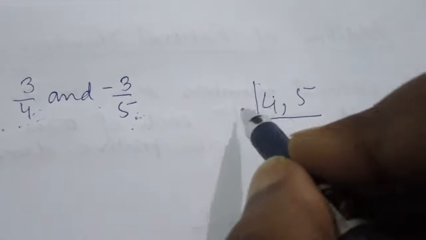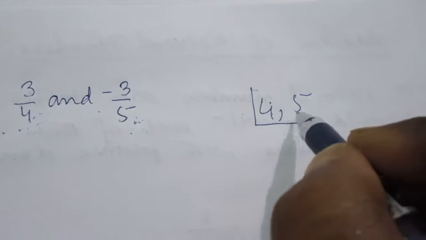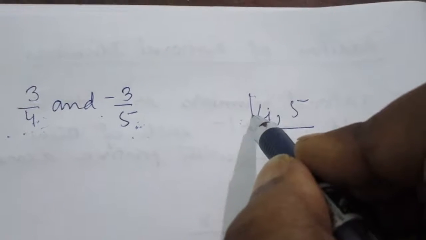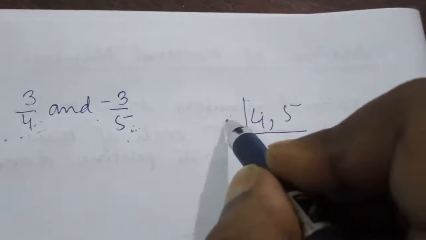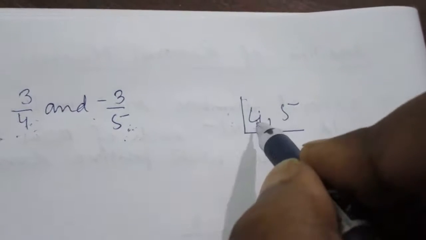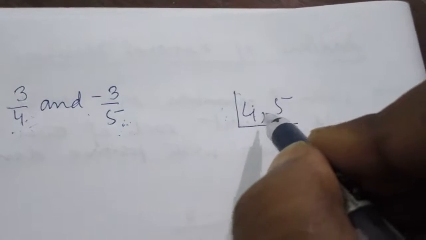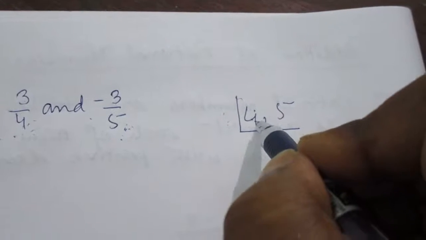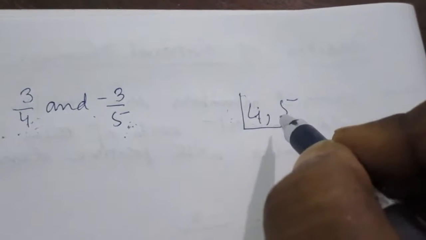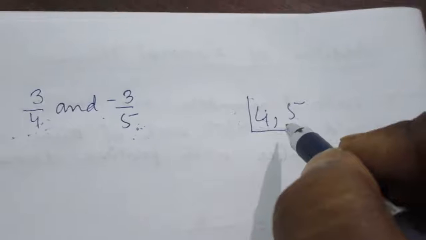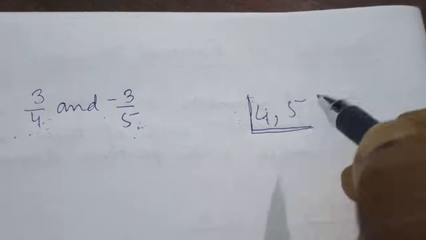If we take 2, only 4 will be divisible but not 5. If we take 3, neither is divisible. If we take 4, only 4 is divisible, not 5. If we take 5, then 4 is not divisible, only 5 is. If we take 6, it is greater than 4 and 5. In such cases where we cannot take any number, what do we do?